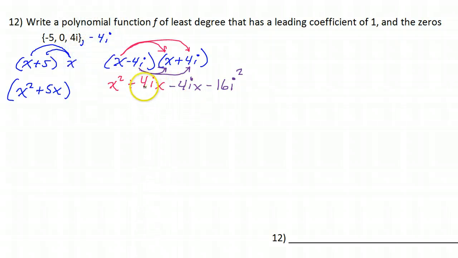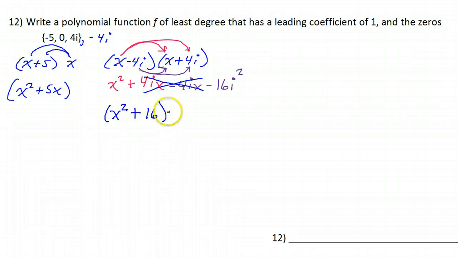Meantime, 4ix minus 4ix, those are opposites, so they just cancel each other out. So I've got this x squared. I'm going to bring that on down. Now, this is going to become plus 16, because what I just remembered about i squared was i squared equals negative 1.